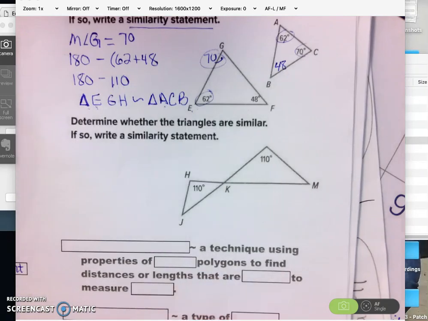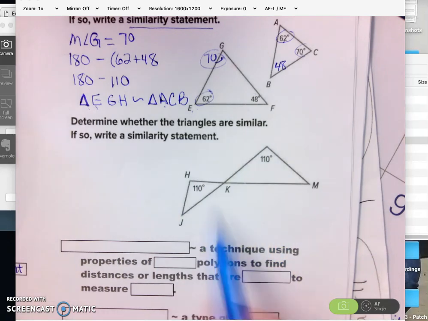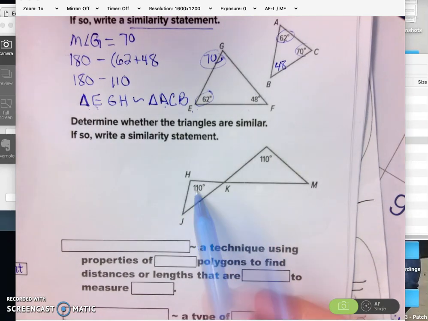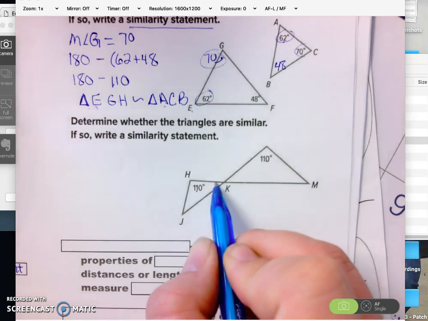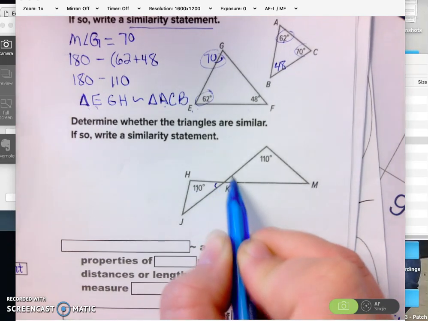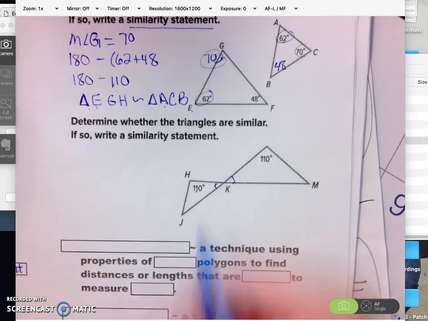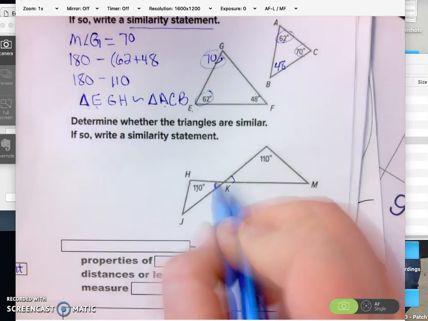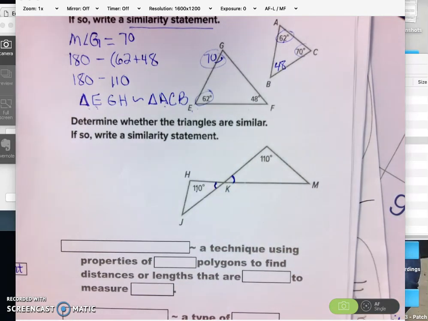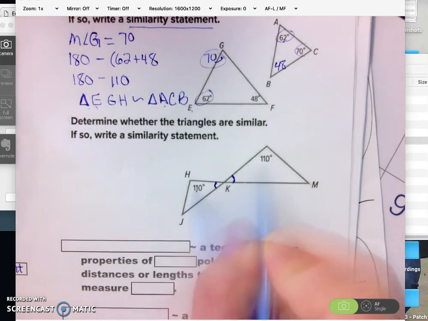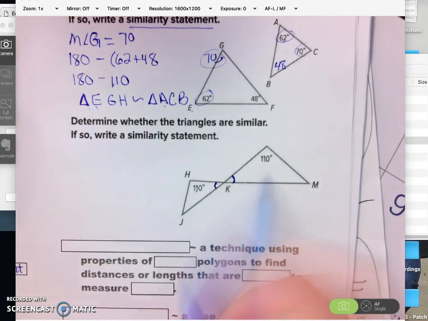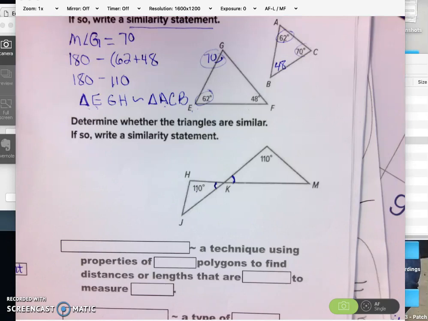Okay, now determine whether the triangles are similar. So if I have 110 here and 110 here, this right here is a vertical angle. And if we remember, vertical angles are equal. So I'm going to put one arc on both of them. So if these are equal and these are equal, they've got to be similar, because I only need two angles that are the same.